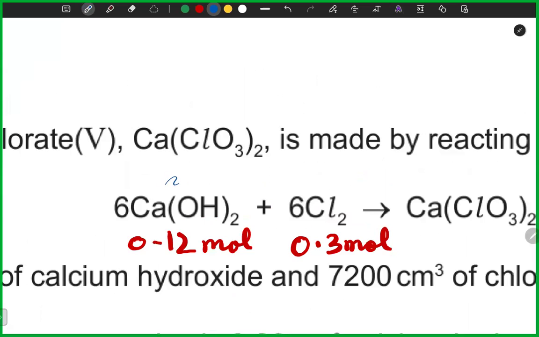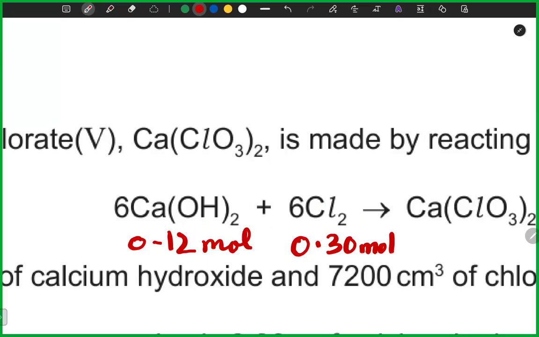What is the ratio? The ratio is that 1 of these reacts with 1 of the other, 1:1, okay? So that means they should be reacting in equal amounts. So look at the moles now. That's not 1:1. Remember 0.12 is the smaller quantity, smaller than 0.3. Just to clear the confusion, let me write this as 0.30 moles.